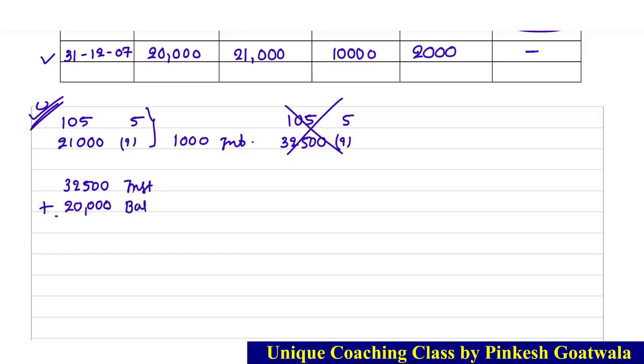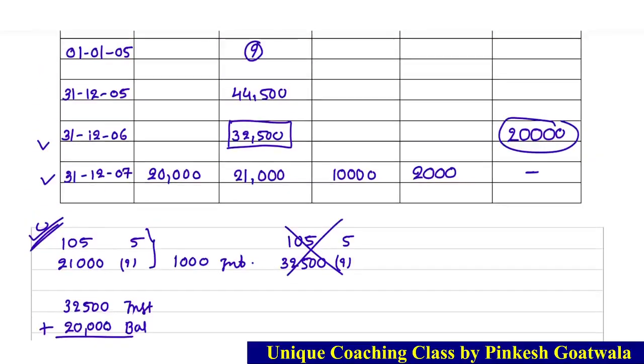So we should add that balance. So you will get 52,500. The balance that comes, we add.